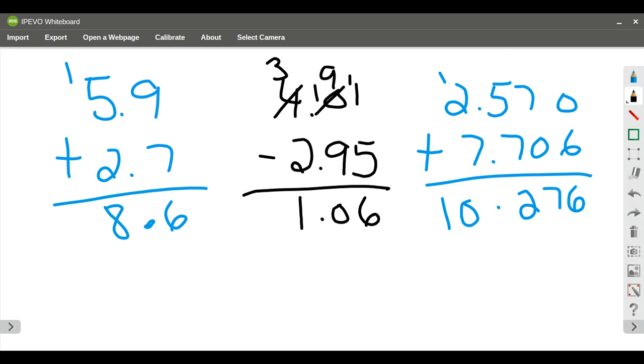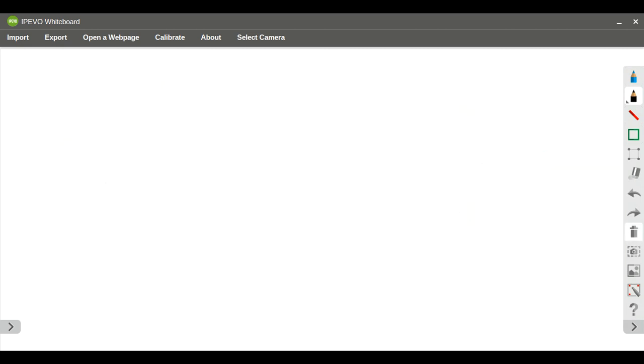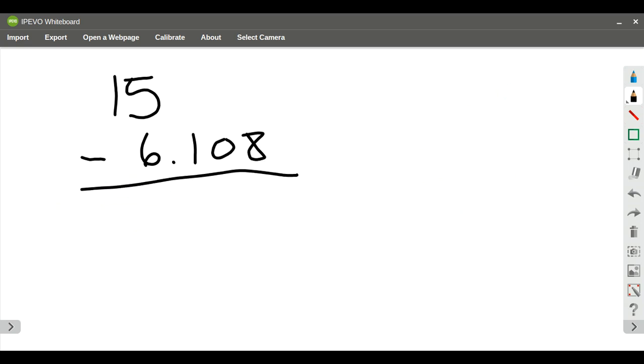Okay. The last one that I'm going to do is 15 subtract 6.108. This one's a little bit different because I don't have any zeros after the 15. Remember that the decimal always goes after the ones place value, and then I can just add zeros, and then I just need to regroup across the zeros.